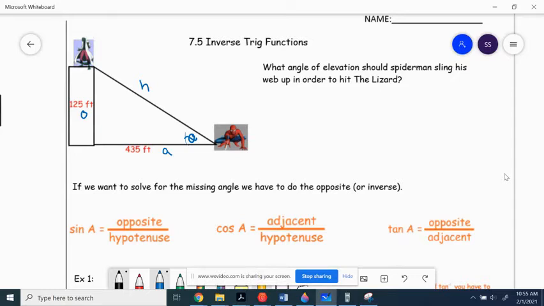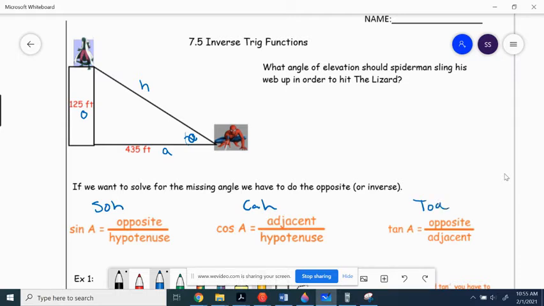So which trig ratio are we going to use? Let's review these really quick. We've got sine is opposite over hypotenuse, cosine is adjacent over hypotenuse, and tangent is opposite over adjacent. In other words, the shorthand way to say this is SOH CAH TOA.